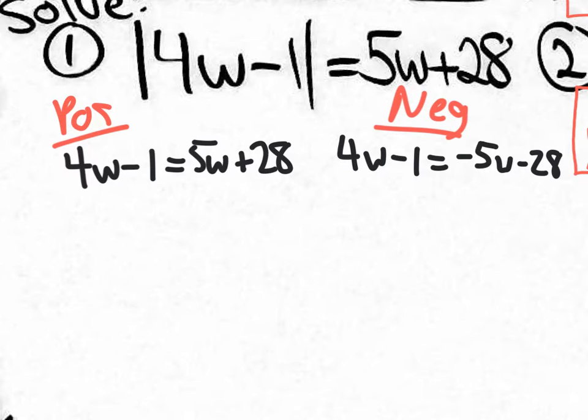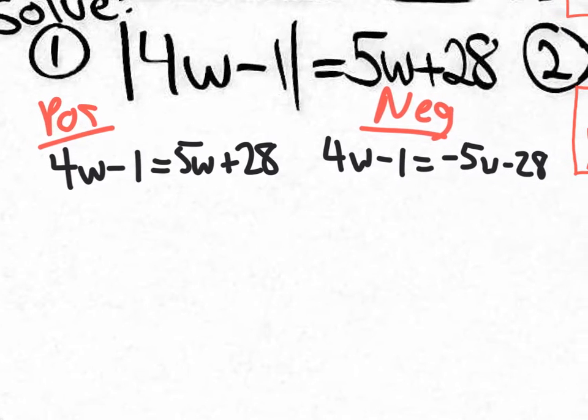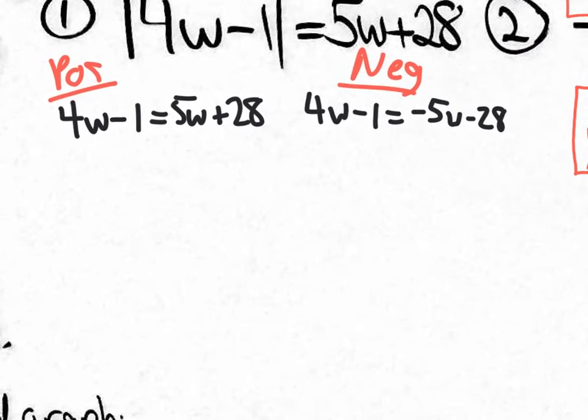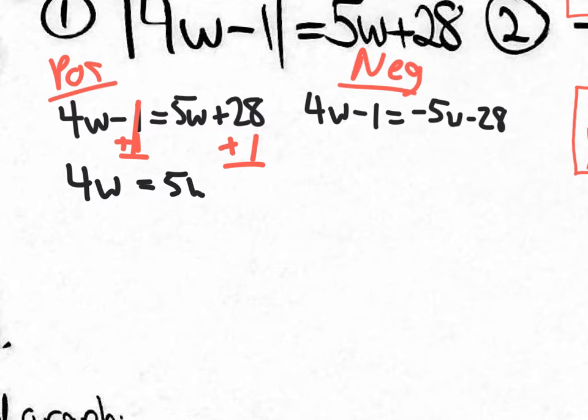Okay, so let's solve the positive situation by adding 1, canceling, adding 1. We're going to end up with 4w equals 5w plus 29. I probably should have moved the w over first, but it's okay.